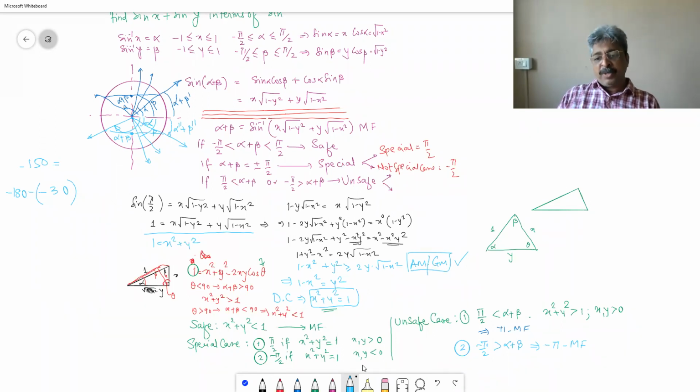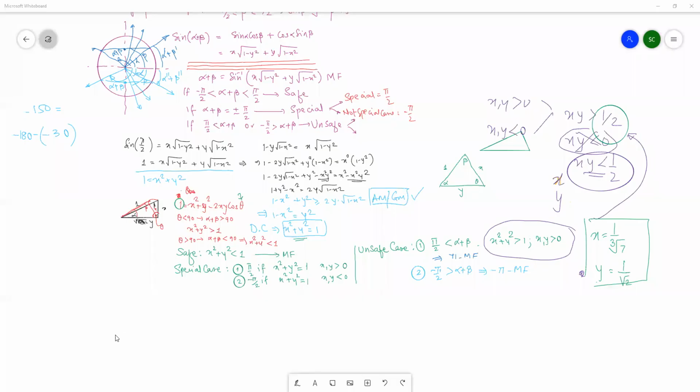Now, spend a couple of minutes, check whether everything is written or not, and note down the required specifications. Next problem which we will discuss, but you can discuss for 5 more minutes, 7, 8 more minutes during this class, is cos inverse x plus cos inverse y in terms of cos inverse.